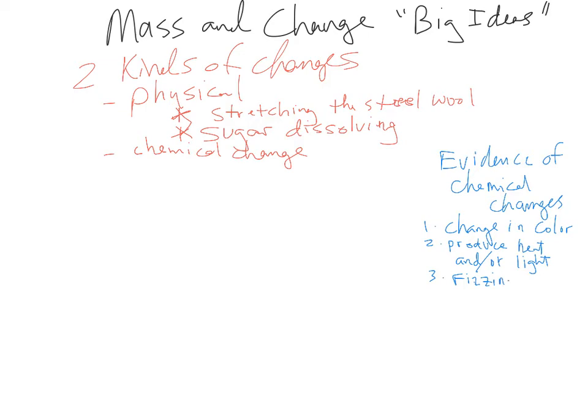Now, why would fizzing and bubbling be evidence? Fizzing and bubbling means a gas is formed. That's what that means. When you see fizzing and bubbling, there's a gas forming.